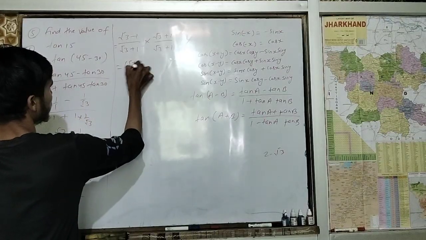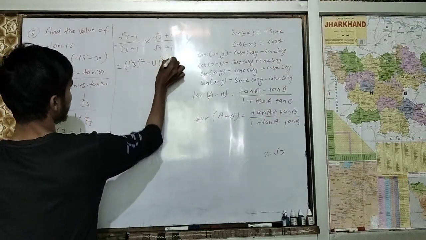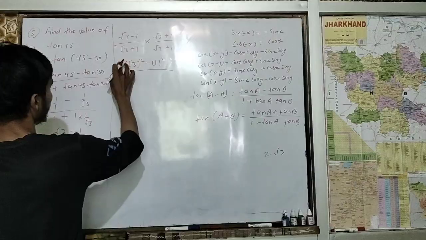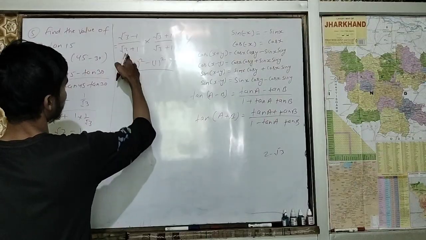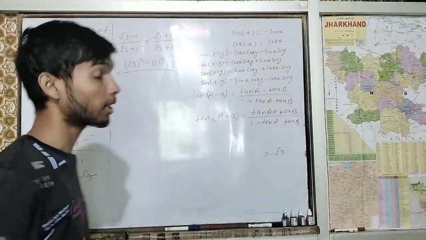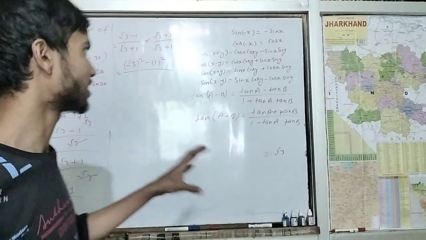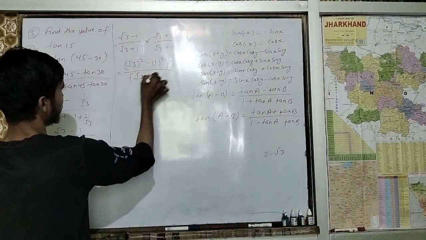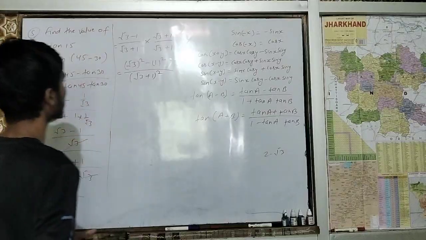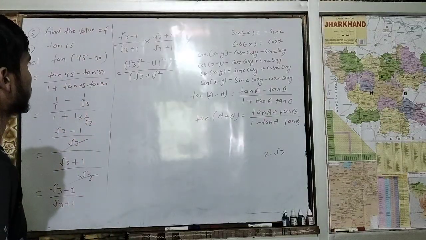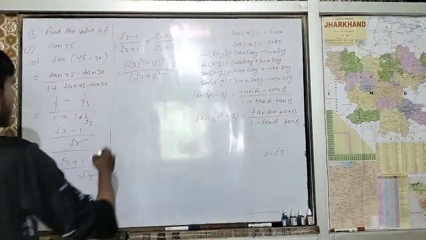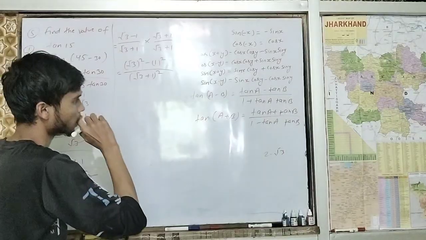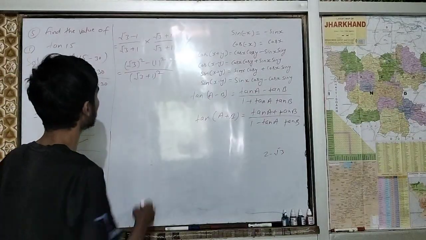So root 3 square minus 1 square upon a plus b, a plus b. You know that this is a plus b square, root 3 plus 1 square. Yeah, okay. Here this is correct.